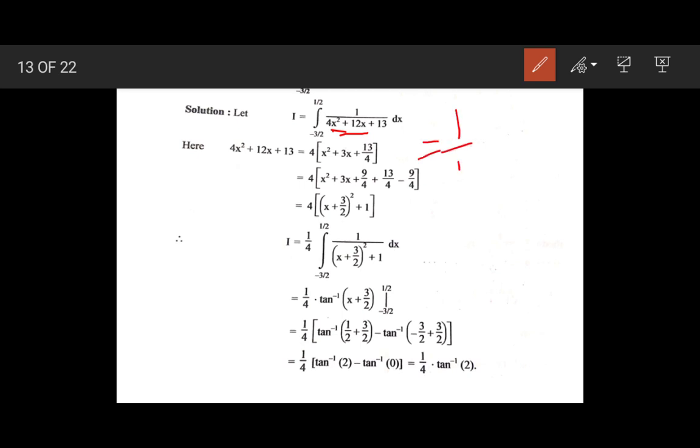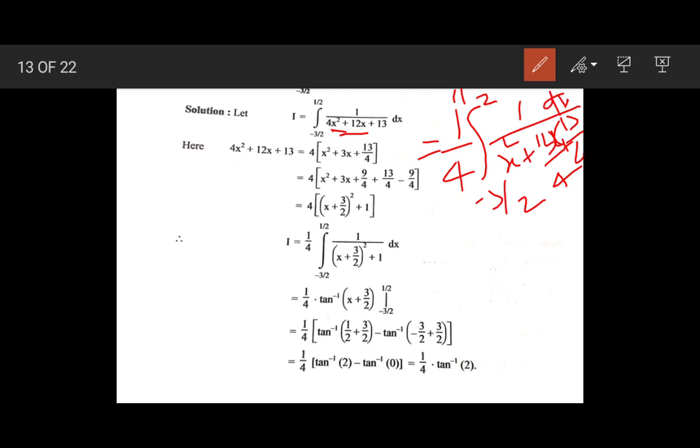When I take this 4 common, here it will be integral from minus 3 upon 2 to 1 upon 2 of 1 upon, now the denominator will be x square plus 12x upon 4 plus 13 upon 4, dx.